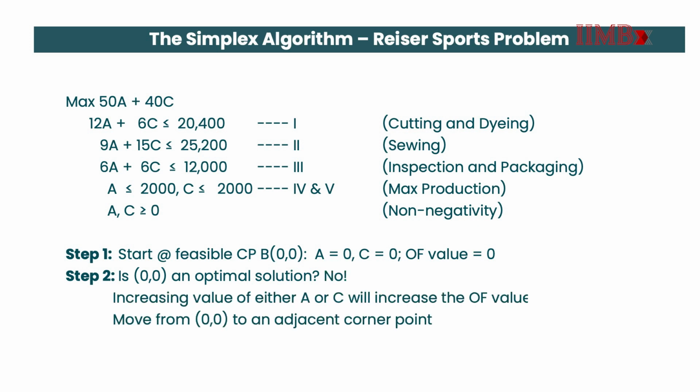So therefore, we will either increase the value of A or increase the value of C, which will then help us get a better profit and objective function value. Therefore, we will move from (0, 0) to an adjacent corner point. And then again, go to step 2 and ask the question, is this new corner point optimal or not? And continue like that till we find the optimal corner point.